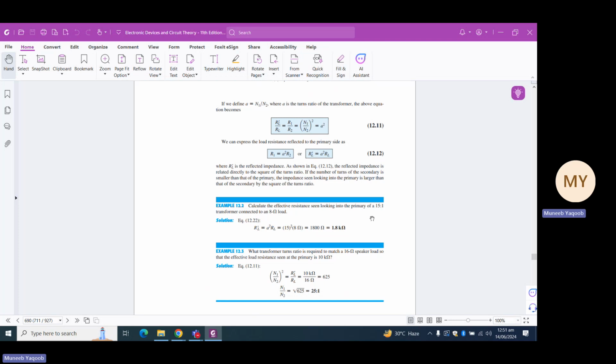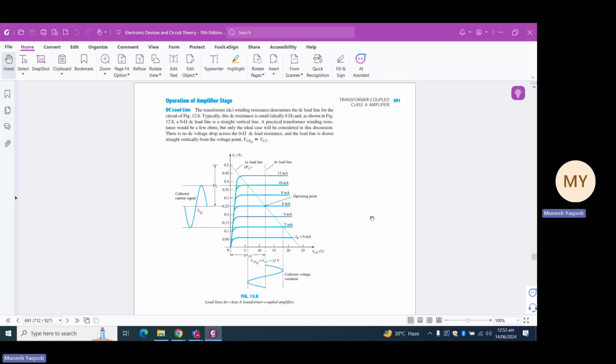So rearranging equation 12.12, we get RL dash upon RL equals N1 upon N2 whole squared, and hence to find N1 upon N2 we will take the root of the right hand side, and hence we will get N1 upon N2 equals 25 upon 1, that is 25 ratio 1.